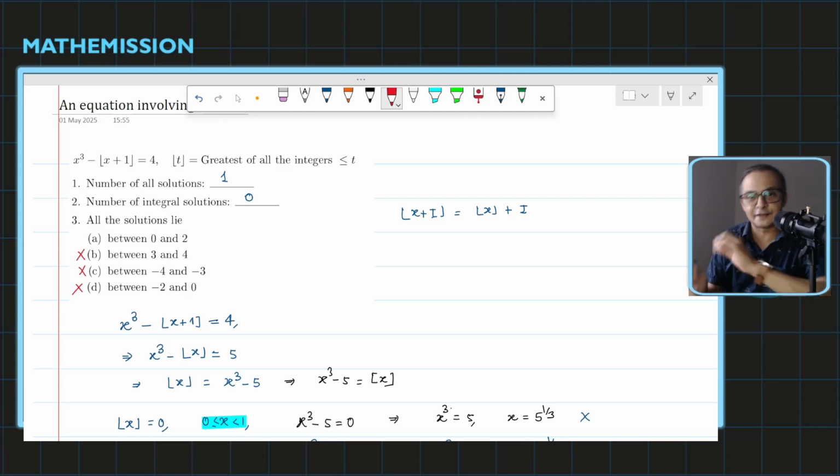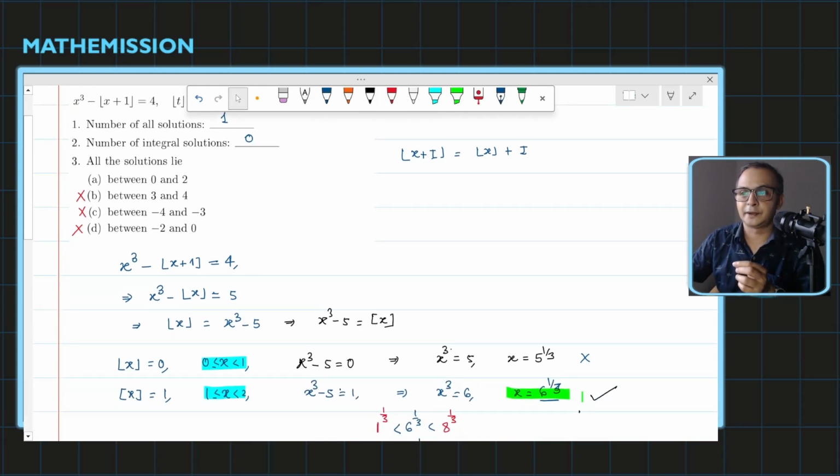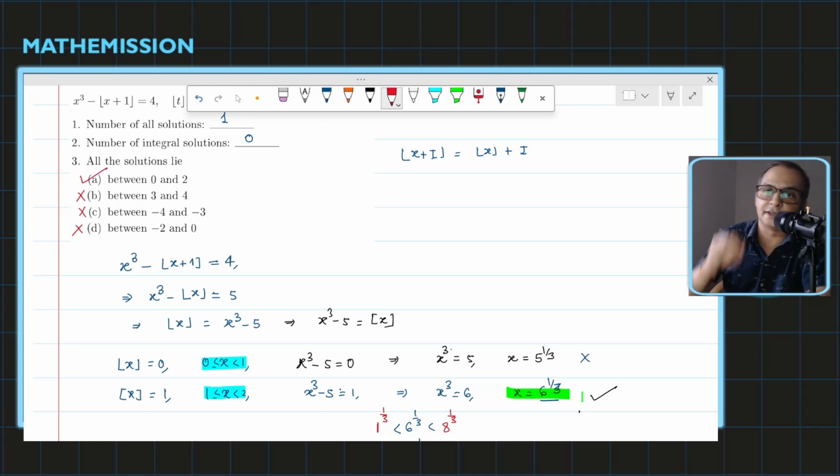So it is given 0 and 2, but of course the number is actually precisely lying between 1 and 2. But do you not think that it is also lying between 0 and 2? Yes, it is lying between 0 and 2. So the correct answer is A.